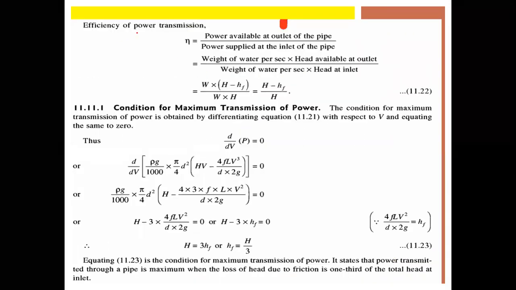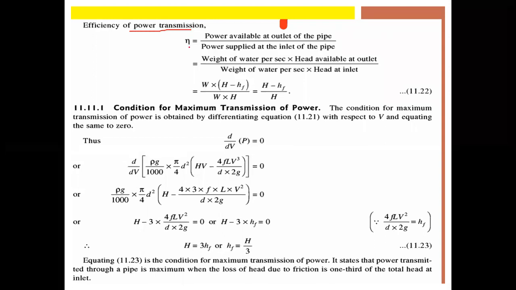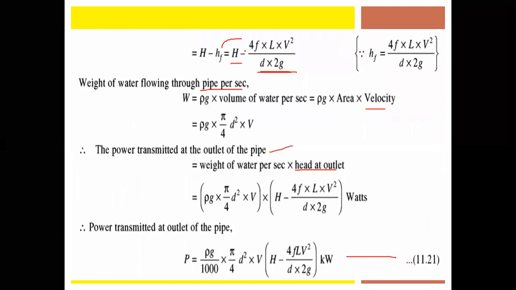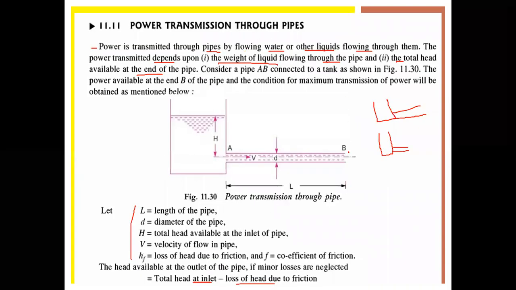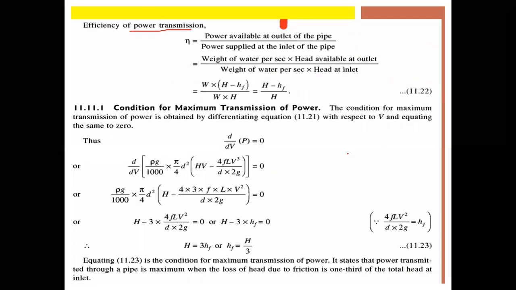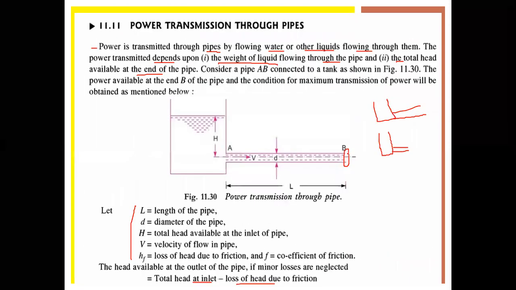Now, the efficiency of the power transmission. Efficiency is equal to the power available at the outlet of the pipe divided by the power supplied at the inlet of the pipe. So how much power is supplied?